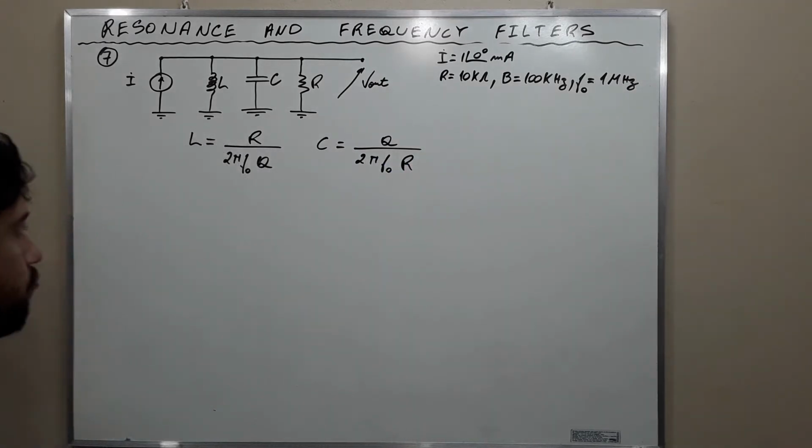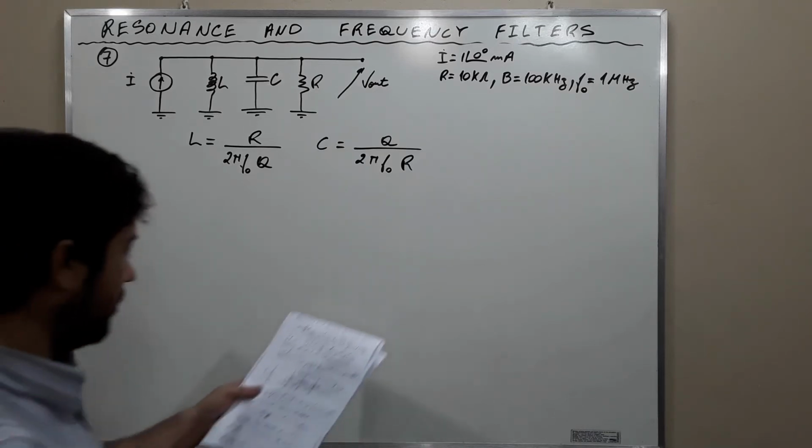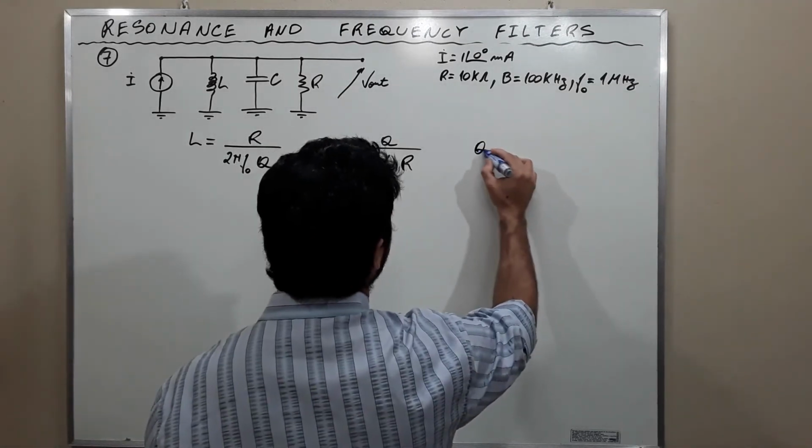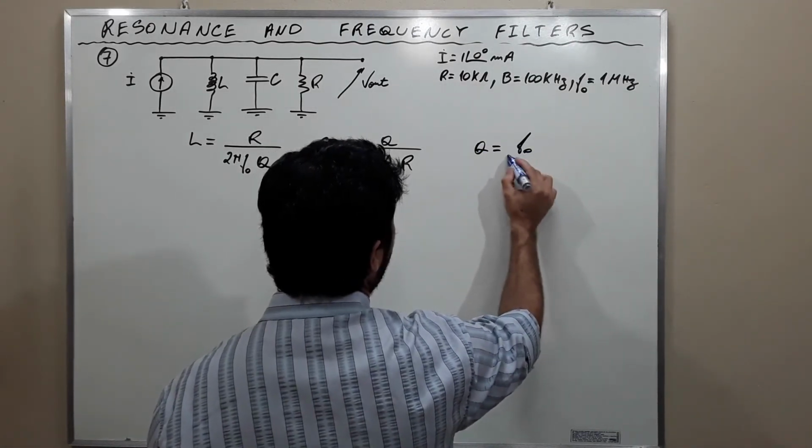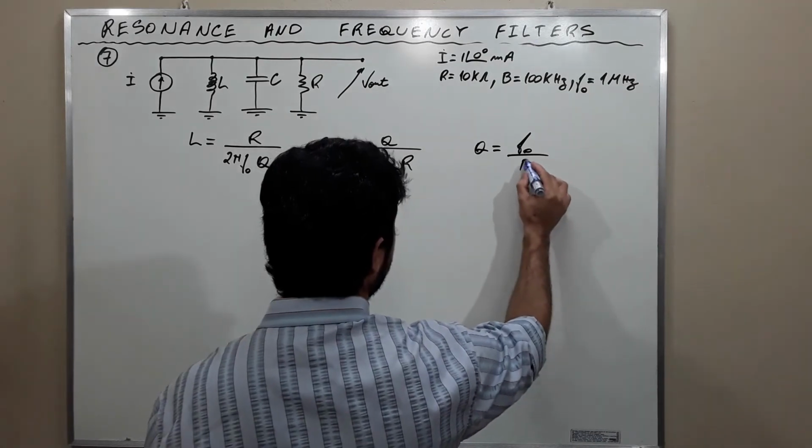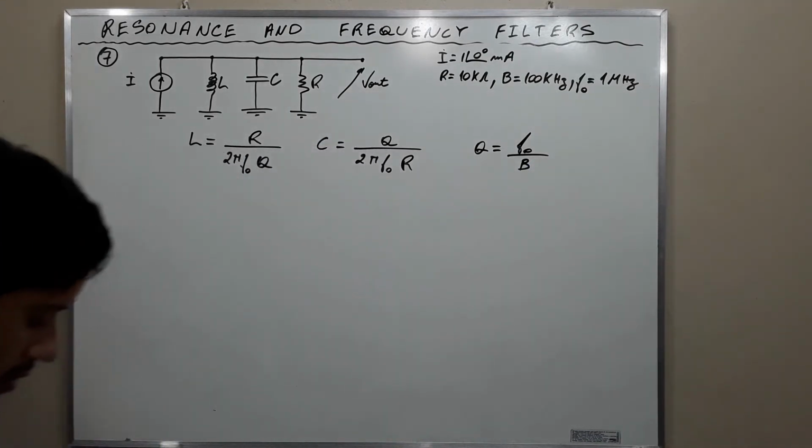times R. The relationship between Q and B, the quadratic factor and the bandwidth, is Q is equal to FO over B. Okay?